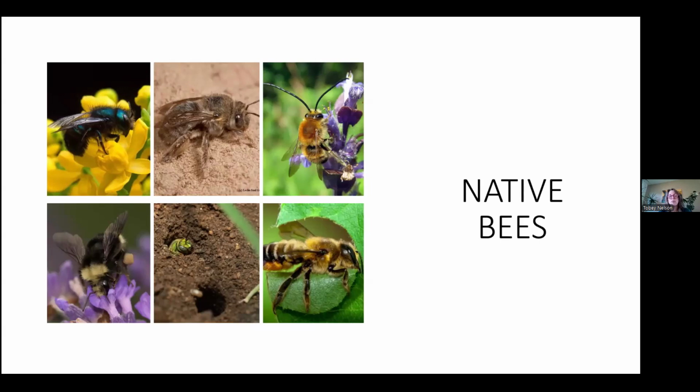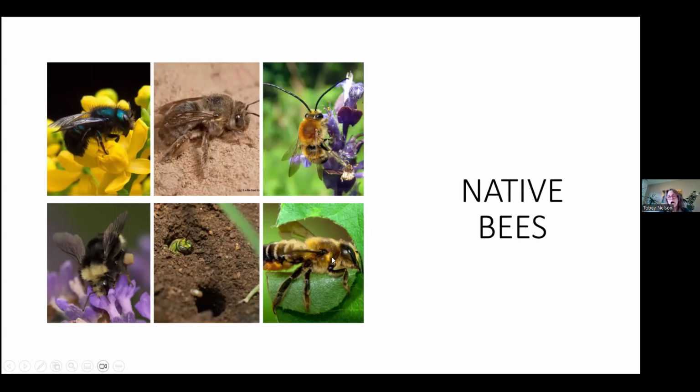Some of the more diverse populations of pollinators would be our native bees. I've got it listed in the handout who this is, but we've got orchard mason bees, that's the blue friend here. There are digger bees, there's the longhorned bee, this is a yellow-faced bumblebee, and there are many types of bumblebees. We've got sweat bees, which are usually green but come in many different kinds, and leaf cutters.